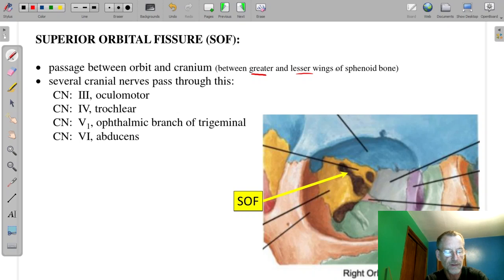It's 3, 4, 5, 1, and 6. They're right in order. And I've put the name in here. I'm not asking you to memorize names yet, but you will have to, so might as well just start at least looking at them. So those are the cranial nerves that pass through the SOF, and that's review.